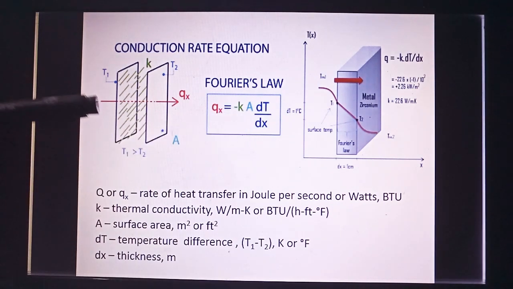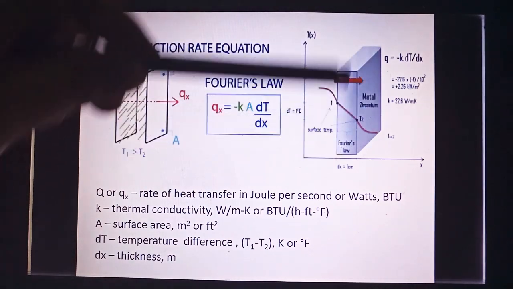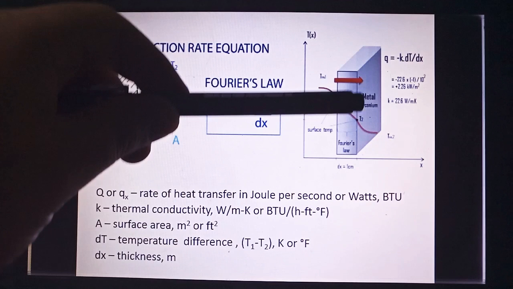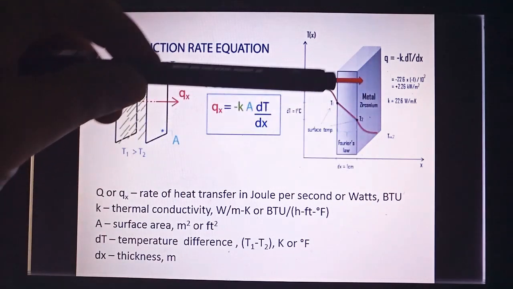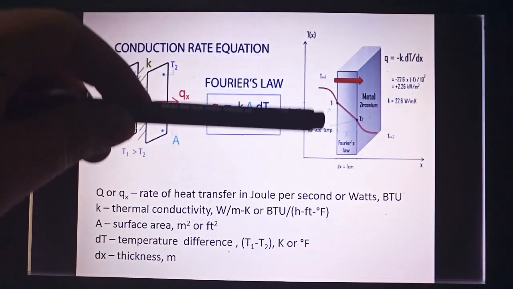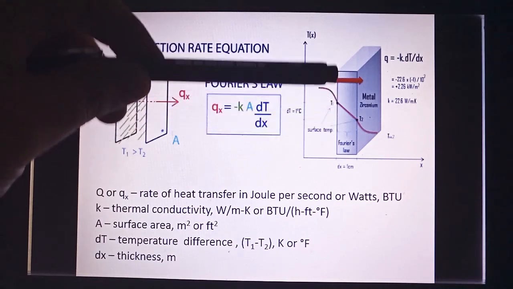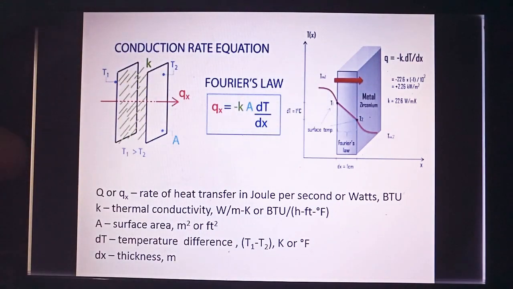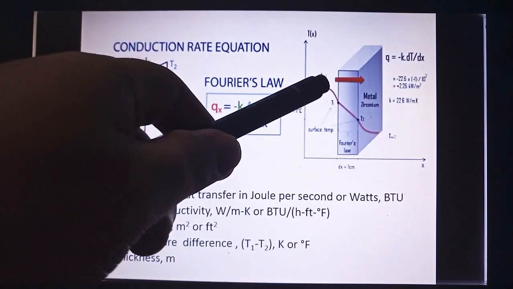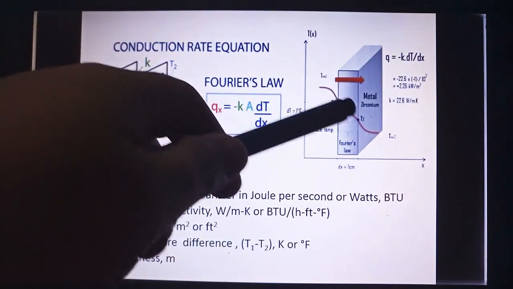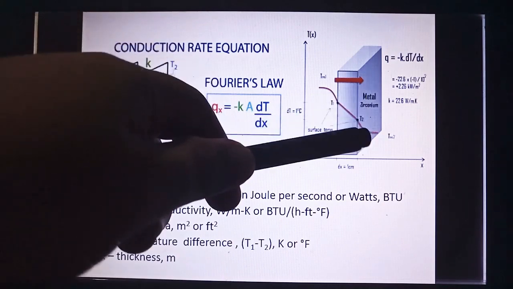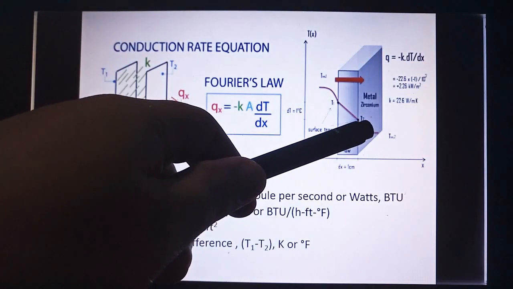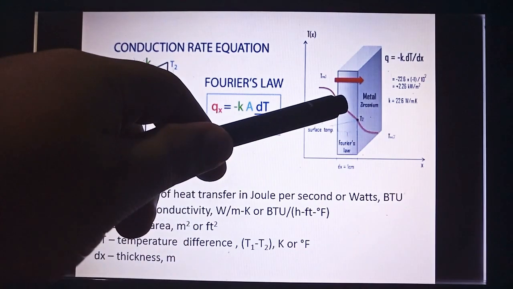So for example, we have here a metal, and this area has a high temperature. So when the temperature is high in this area, of course it will conduct energy to this other area. At this point, the temperature is low compared to this one.